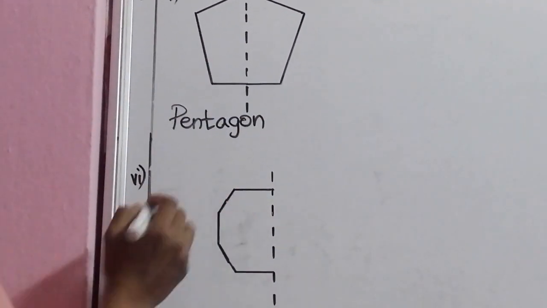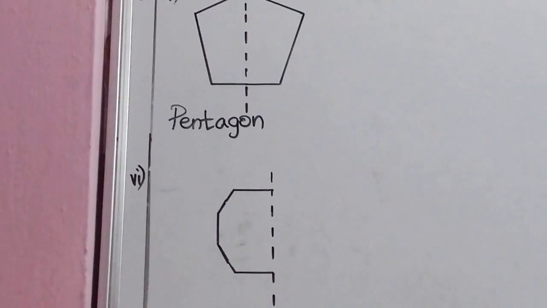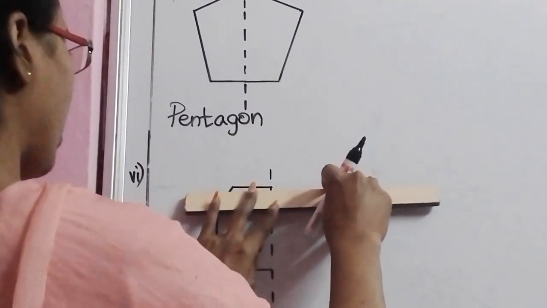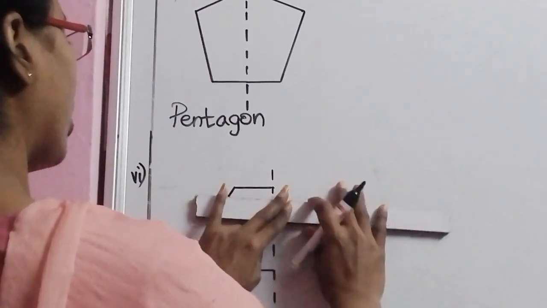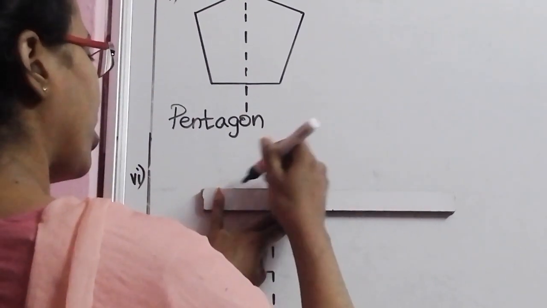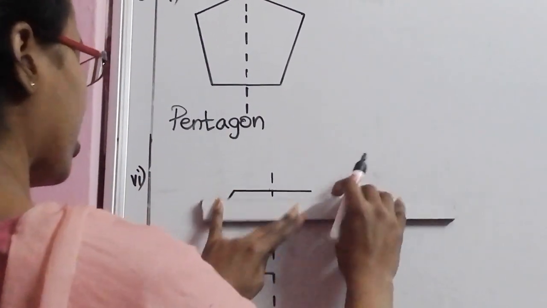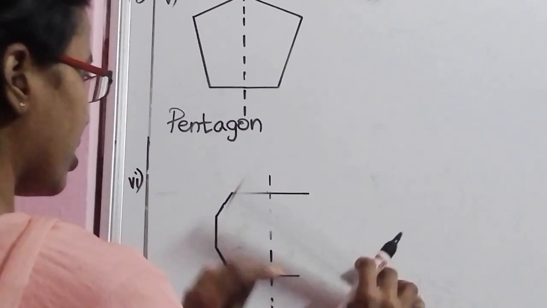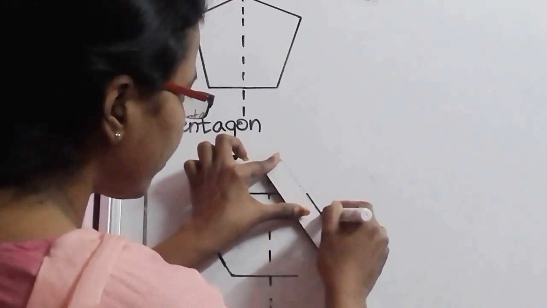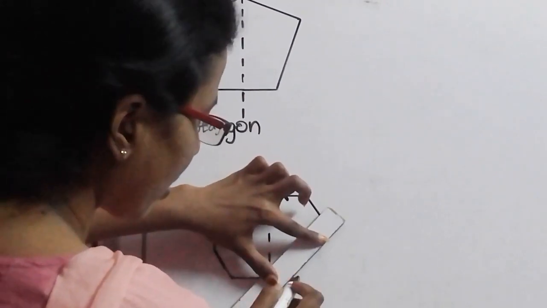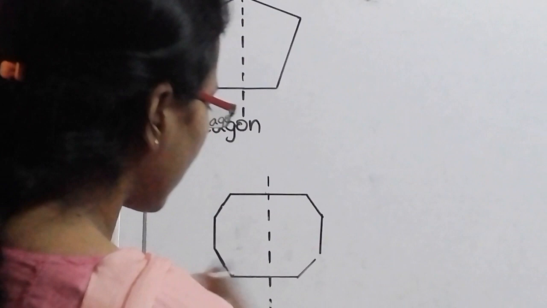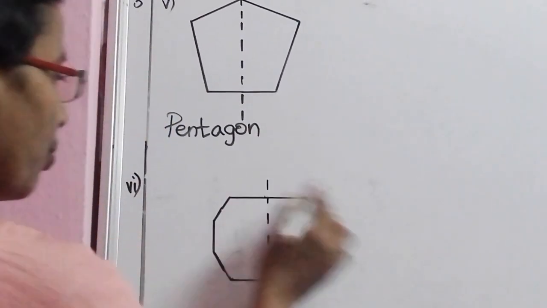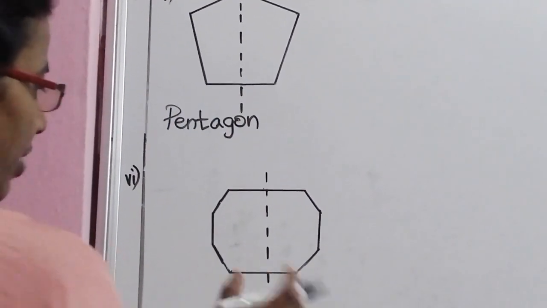Now let us see the next bit. Here a shape is given, so try to extend and draw the shape. Okay. So here I am going to extend. Here also the same length we have to extend. So this is the shape that you have got.